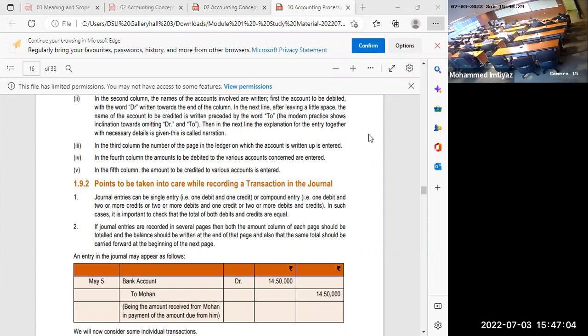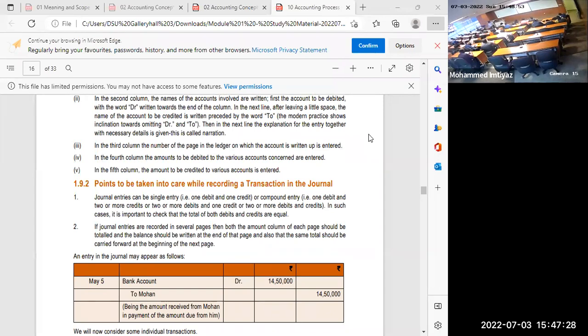Being business started with cash, furniture, and stock in trade. So this is how you have to make a journal entry, and these journal entries should be in a continuous sheet. The format you are making is for one page, right?